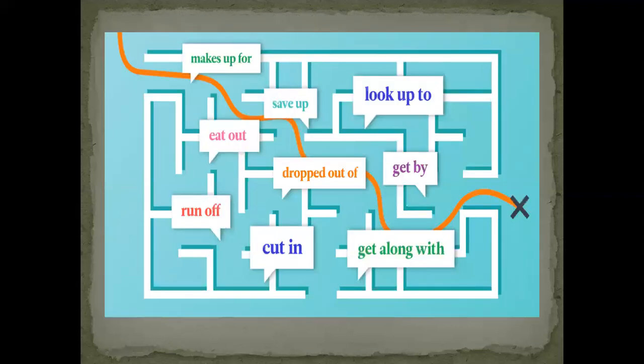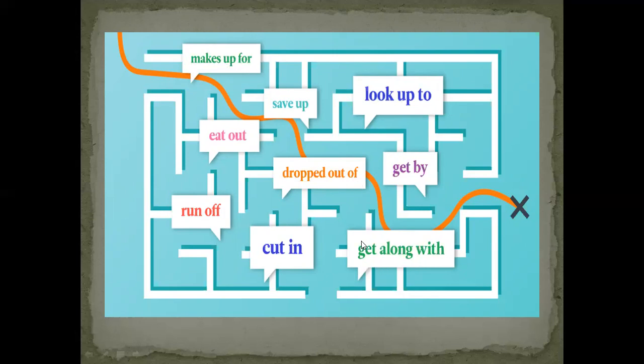There are some examples of phrasal verbs you can see, and I have taken these examples just to show you that phrasal verbs are not always made up of two words: save up, eat out, turn, run off, cut in, get by, and it could be of three words also: make up for, look up to, drop out of, and get along with.